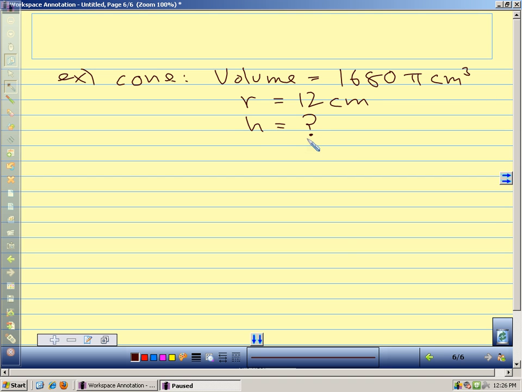So this is kind of like our opener. We're going to plug in what we know into our formula, solve for the part we don't know. Our volume is 1/3 pi r squared h. Our volume is 1,680 pi, so I'm going to put 1,680 pi equals 1/3 pi, r is 12, so 12 squared times the height.